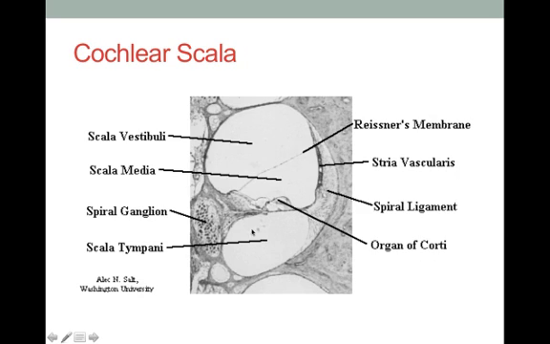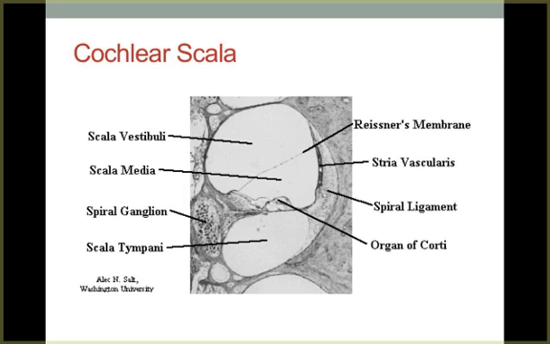This basilar membrane is an important anatomical structure, especially because the organ of Corti lies on top of the basilar membrane. And it's in this organ of Corti where those sensory end organs, the structures that we call the inner hair cells and the outer hair cells, lie.